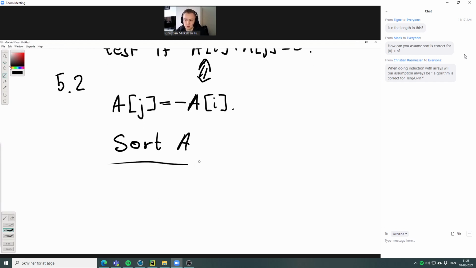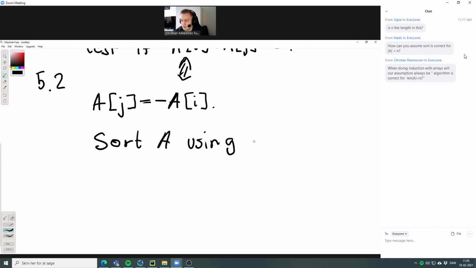We know an algorithm for this. You don't have to specify. Well, maybe say sort A using merge sort, for example, because then we also know the complexity. That might be important here because we are talking about complexity. So sort A using merge sort. You don't have to specifically say how merge sort works. Just use it as a black box, basically.